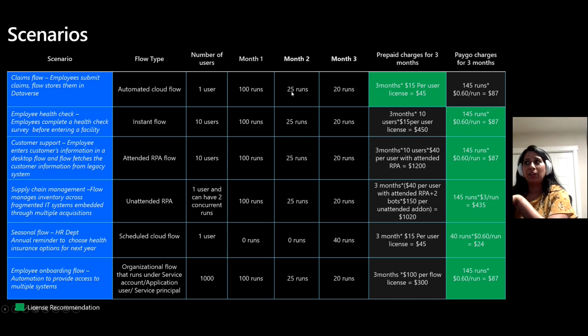In the first month, let's say they have 100 runs. In the second month, they have 25 runs. In the third month, they have 20 runs. If this flow was on a prepaid license, for the 3 months, they'll be charged $15 per user license, and that's the $45 charge.